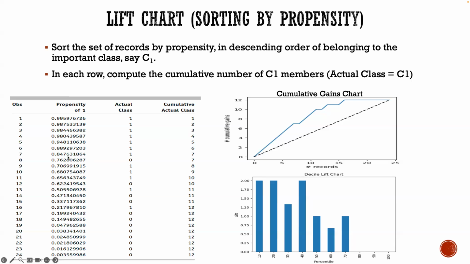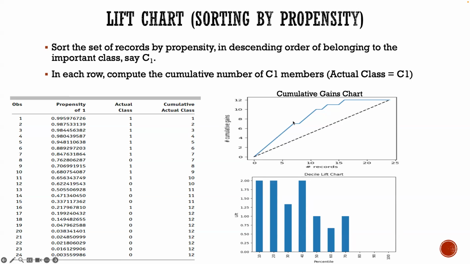So if you cumulate that 1 to 7, but this particular one, observation number 8, we had a 76% probability that it's class 1, but actually it is class 0. So the cumulative actual class remains at 7 only because we were incorrect in this particular one. So we are looking at the cumulative actual class by looking at how many, based on this probability, were actual class ones that we correctly understood as class 1.